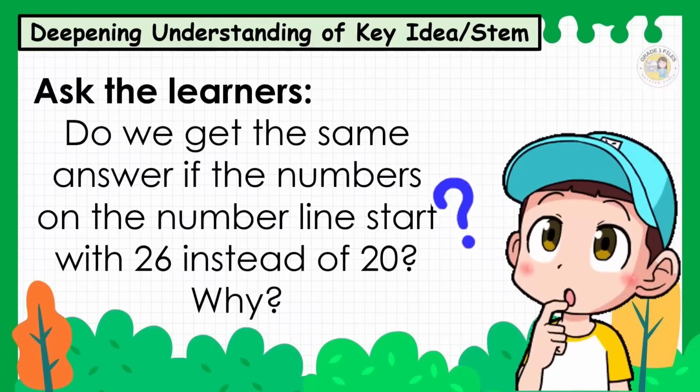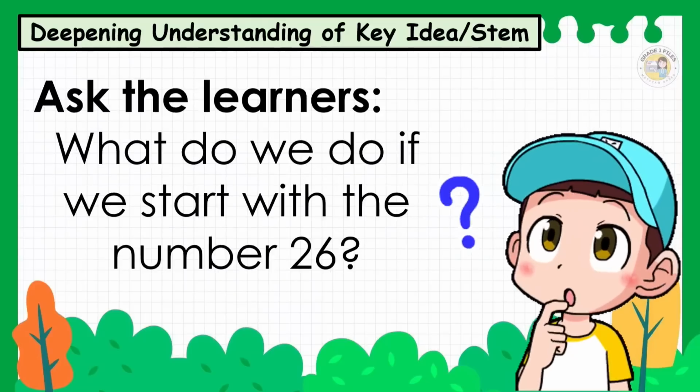Do we get the same answer if the numbers on the number line start with 26 instead of 20? Why? What do we do if we start with the number 26?